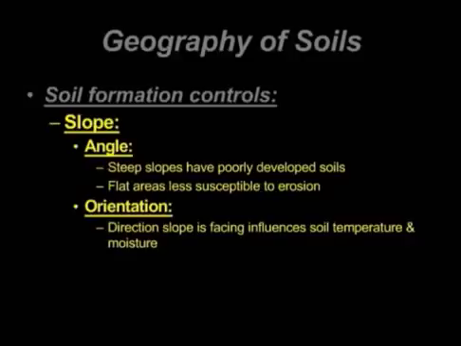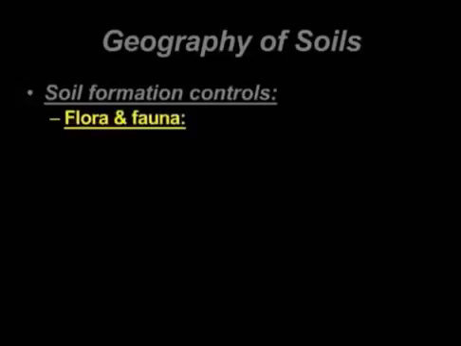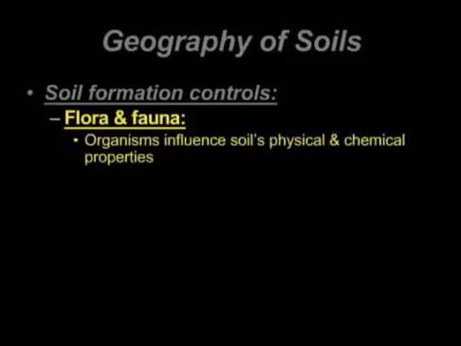Somewhat related to climate and vegetation is the role of flora and fauna, or plants and animals, on the composition of the soil below. Organisms definitely have an influence on an area's soil as they furnish that humus to those top layers. Different vegetation types, as we've shown in those various images, affect soils differently.